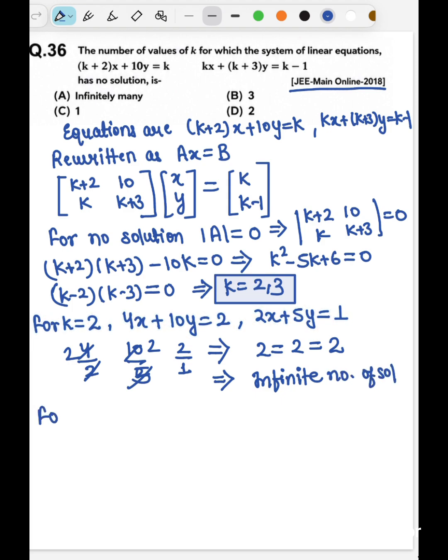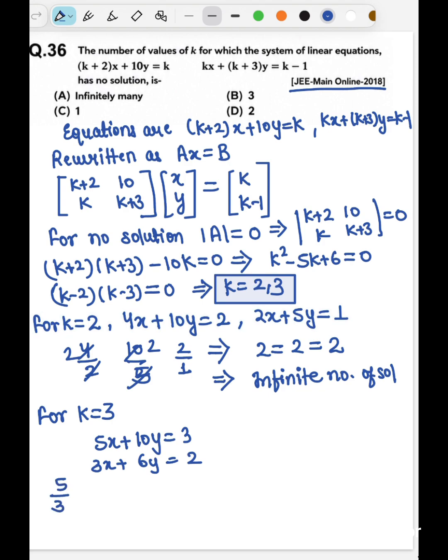Now for k is equal to 3, put the value of k is equal to 3 in the given equations. You get 5x plus 10y is equal to 3 and 3x plus 6y is equal to 2. Just take the ratios for deciding no solution, infinite solutions or unique solution.